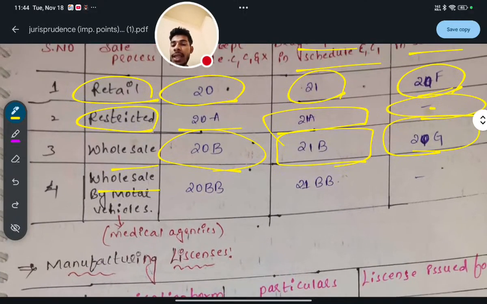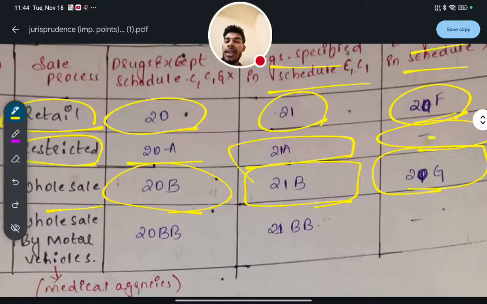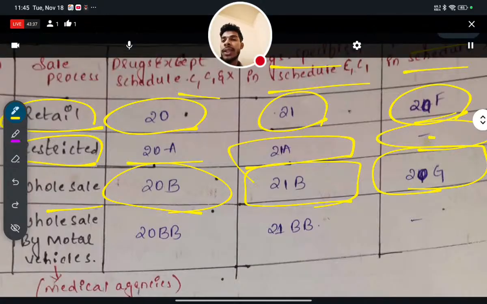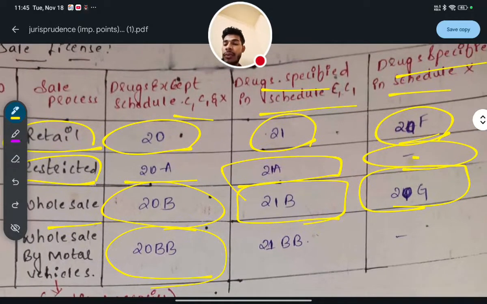For wholesale by motor vehicle, of drugs except Schedule C, C1 and X, the form number is 20BB. For wholesale by motor vehicle of drugs specified in Schedule C and C1, 21BB.